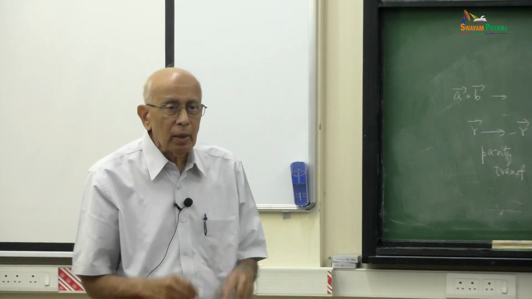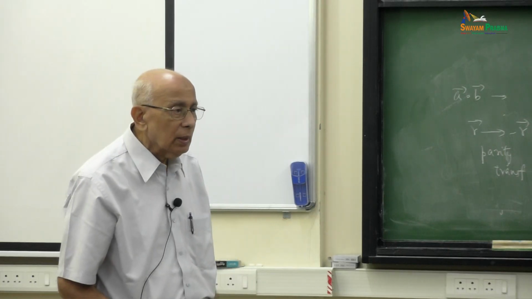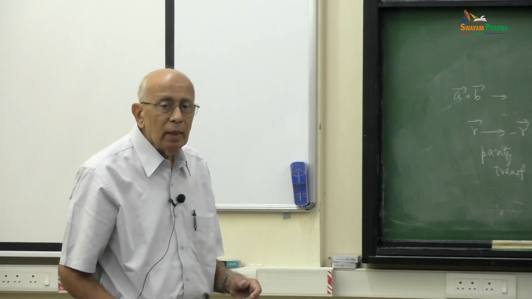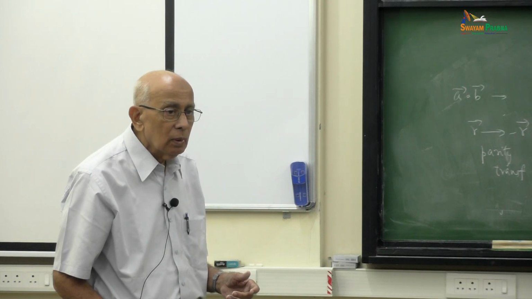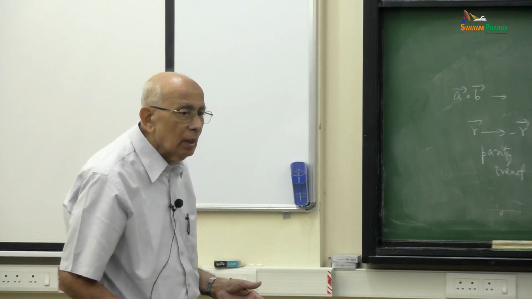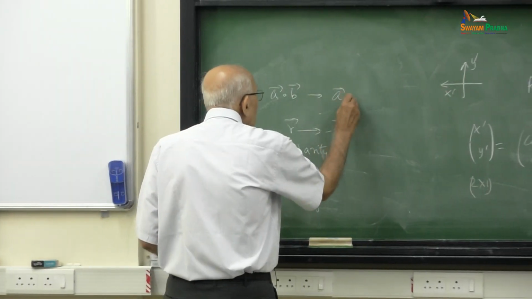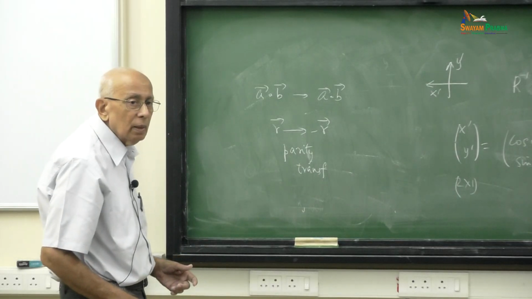I form the dot product, and now I apply the parity transformation to this. What happens to it? A goes to minus A and B goes to minus B. What does A dot B do? It remains the same. It remains A dot B. That's called a scalar.